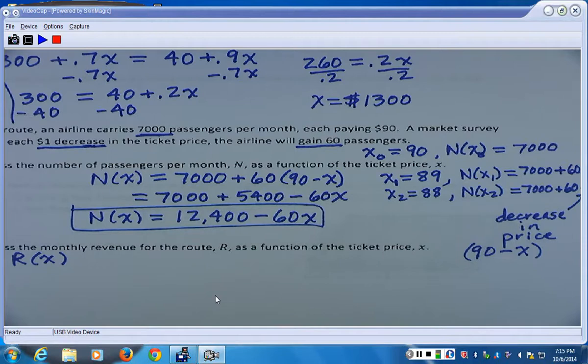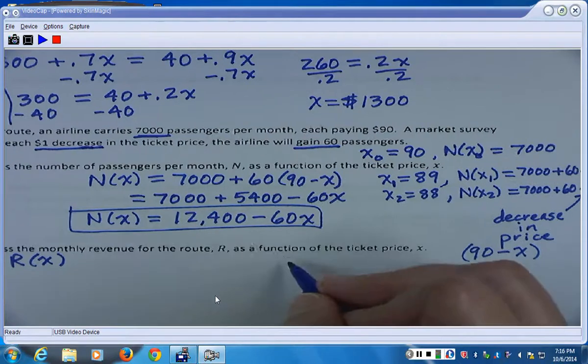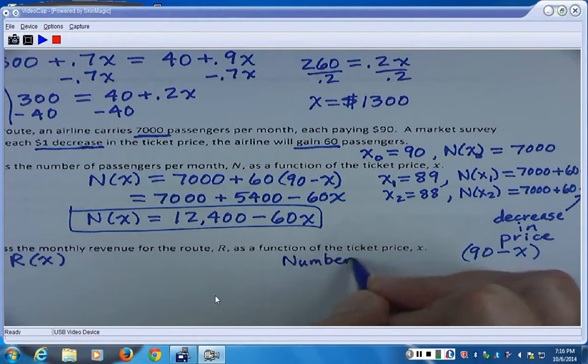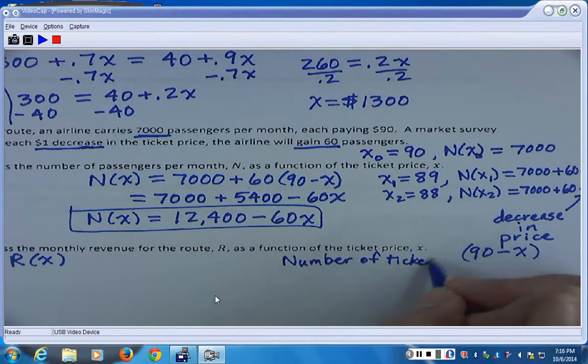Revenue is the amount of tickets you sell times how much they paid for the tickets. Revenue is the number of tickets times the price of the tickets. That's what revenue is.